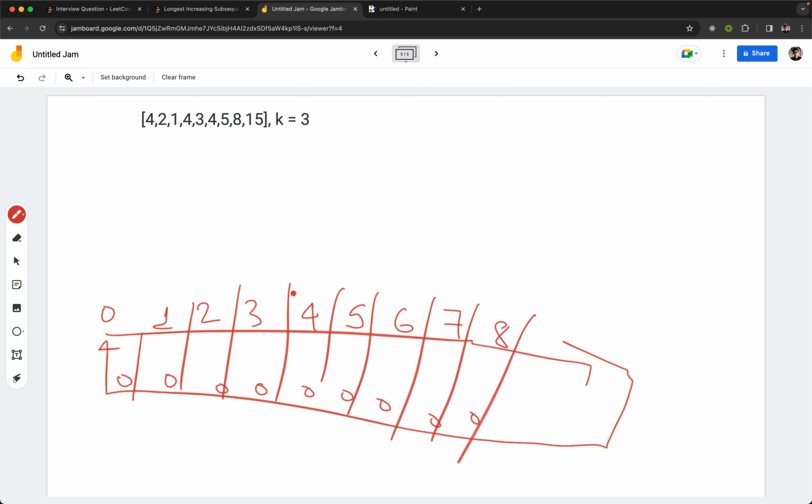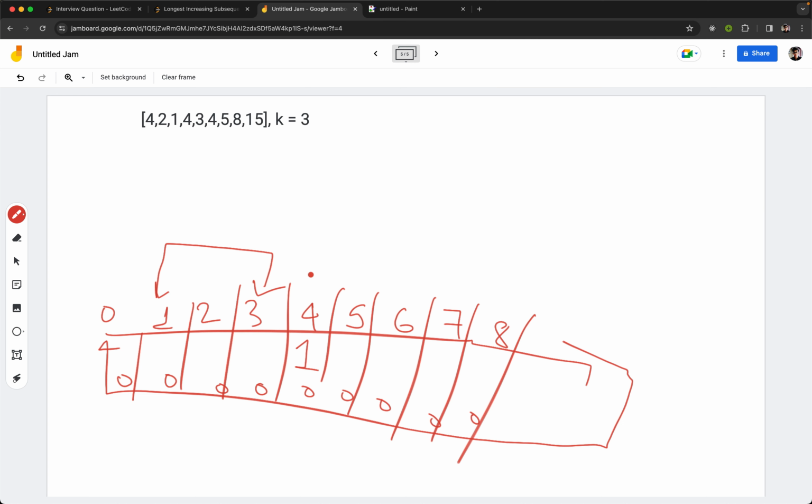Now when I am at 4, and k is 3, I will be querying this particular range of the segment tree. So what is the value of it? It is basically a query from the range of 1 to 3. What is the maximum out of it? It is 0. Alright. Now the maximum is 0, and if I include 4 with it, it would be just 1.